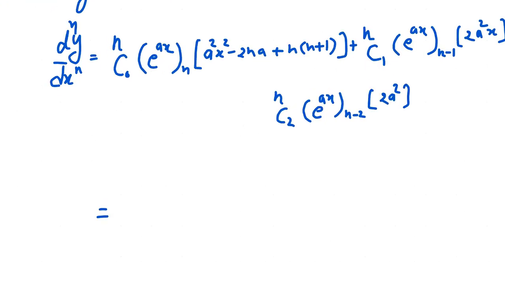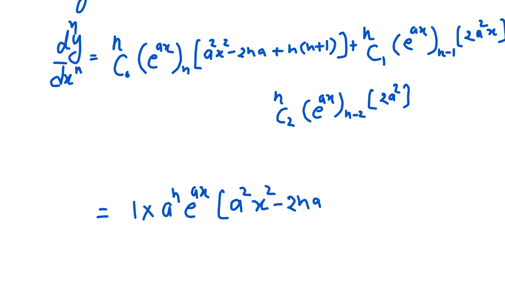So 1 into the nth order derivative of e to the power ax is a to the power n into e to the power ax into a square x square minus 2na plus n into n plus 1.